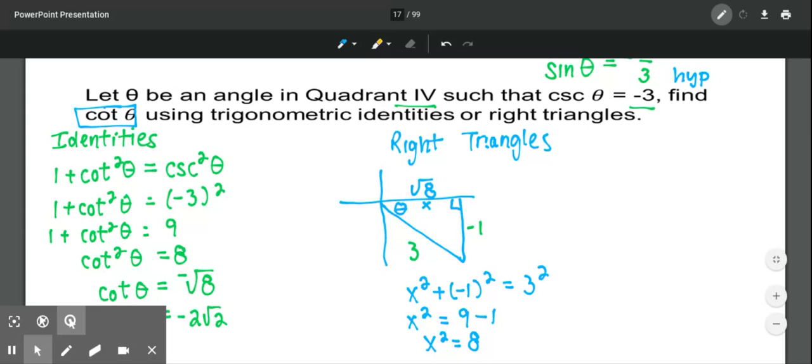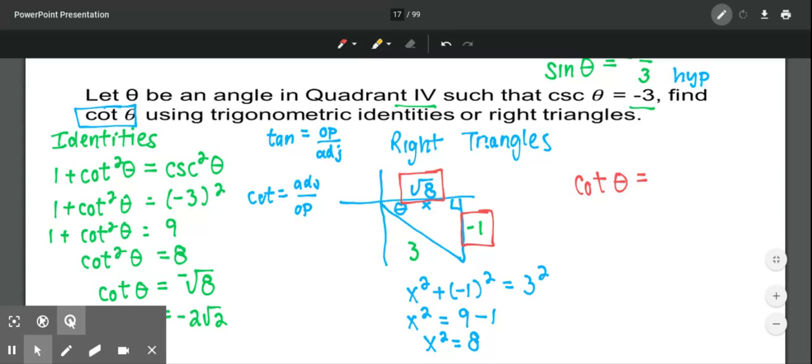Remember, if tangent is opposite over adjacent, then the cotangent would need to be the adjacent over the opposite. So when we're looking at our triangle, our adjacent side is root 8 and our opposite is negative 1. So our cotangent of theta equals root 8 over negative 1, which is negative root 8, or we could say is negative 2 root 2, which is the same answer that we got on the other part over here.